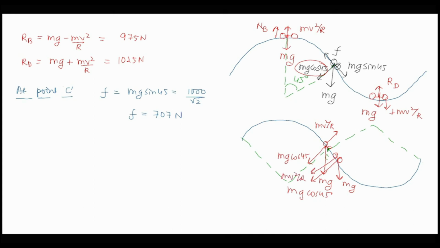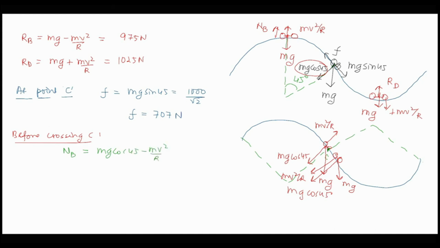So hence I can say that before crossing C, the normal reaction force N before can be written as mg cos 45 minus mv square by r.